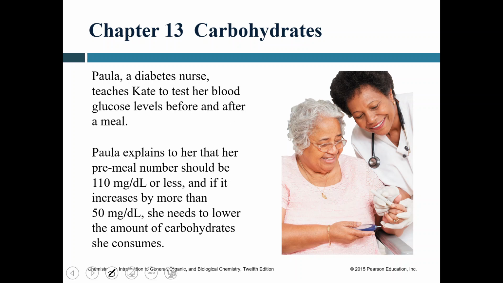In this example, we can see that the pre-meal number for a patient with diabetes should be 110 milligrams per deciliter or less, and if it goes up by more than 50 milligrams per deciliter, the amount of carbohydrates consumed by the patient should be lowered.